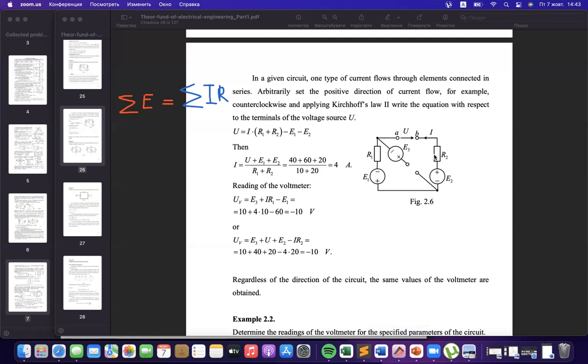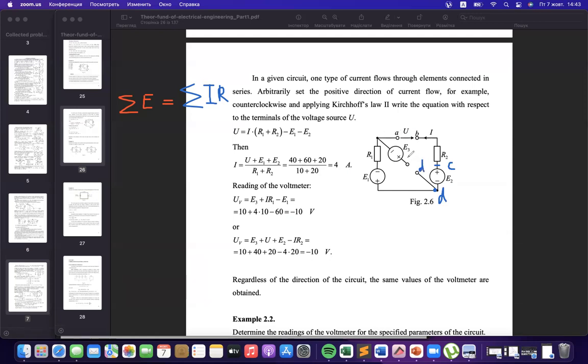We could write the diagram of how this voltage moves between points. Let it be points A, B, for example C, and let it be D. There is no connection, so potential D also will be here.